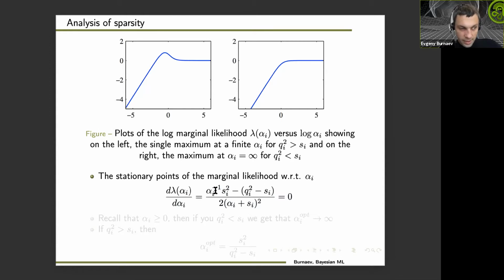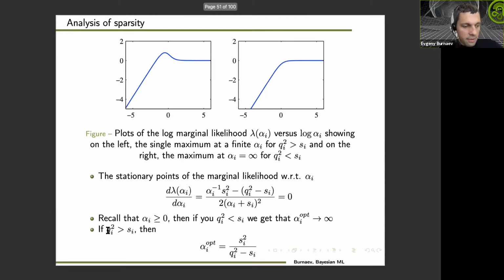Here it is. And what we get, it's obvious that if this term is smaller than this term, then because alpha is greater than 0, this gradient is equal to 0 only if alpha tends to infinity. So the stationary point is at infinity.